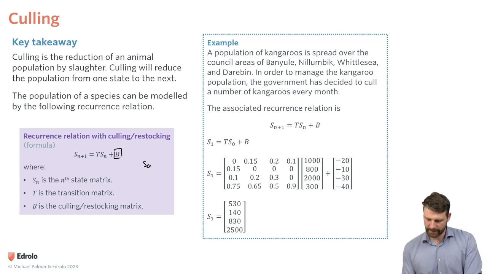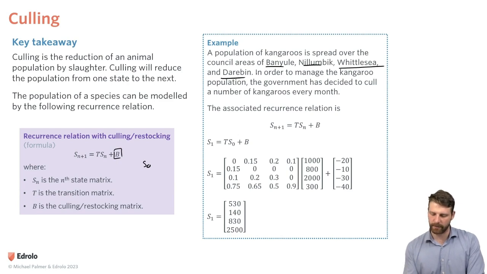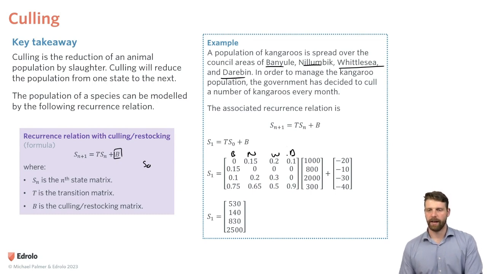So here, in this example, I've got a population of kangaroos spread over the council areas of Banyule, Nillumbik, Whittlesea, and Darebin. I intend for them to be in this order there. And what I'm saying here is that this is S0. They're the initial populations of Banyule, Nillumbik, Whittlesea, and Darebin, respectively.